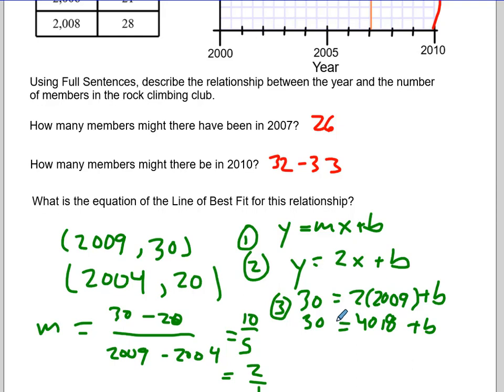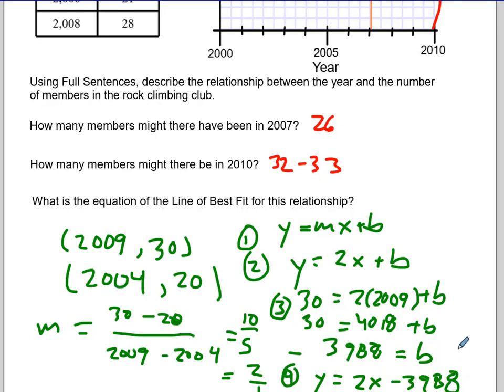If you subtract that, so if you go 30 minus 4018, you get negative 3988 equals your b term. So your final equation here would be y equals 2x minus 3988. Okay, and that's supposed to be your y-intercept.